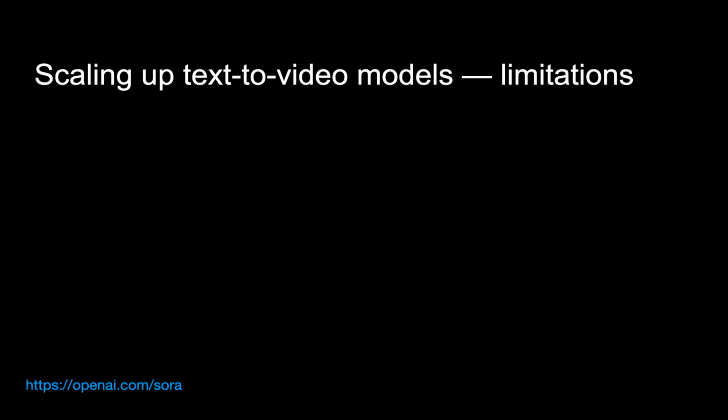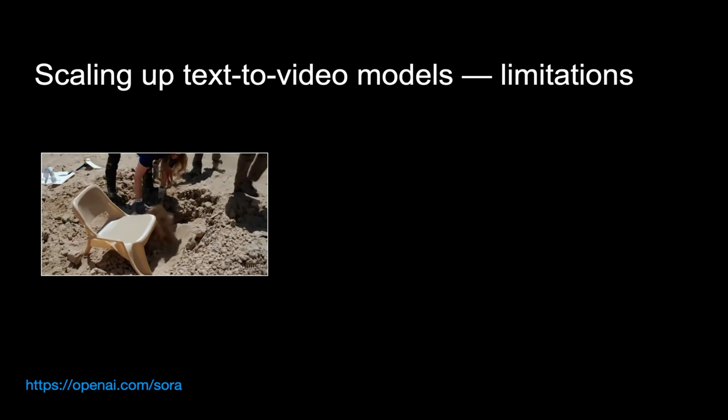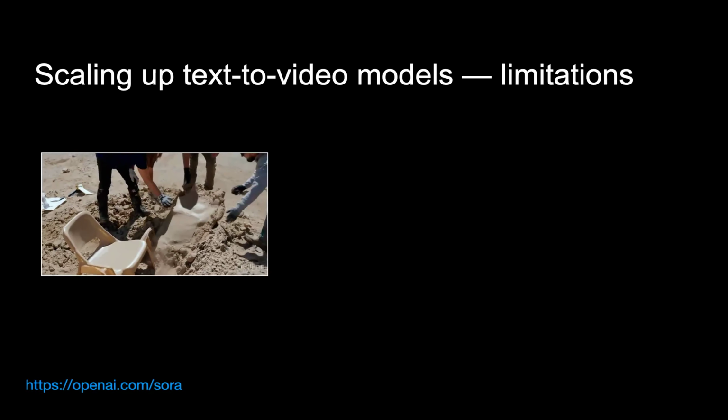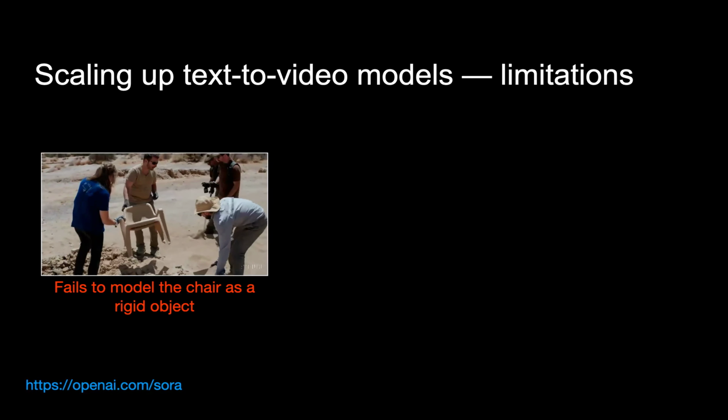The truth is that we are quite far from it. Despite all this amazing progress, even state-of-the-art models like Sora still have weaknesses, and they still depict very fundamental failure cases. For example, they may struggle to accurately simulate the physics of objects. Like in this example, the item that is pulled out of the sand is supposed to be a rigid chair, and Sora seems to fail to simulate that.